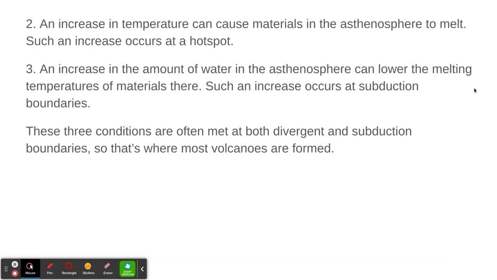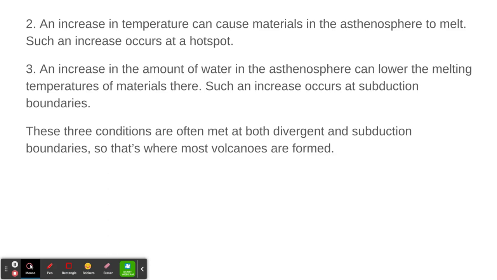Second, increasing the temperature. Well, that'll cause things to melt as well. So, an increase in temperature can cause materials in the asthenosphere to melt. And this can happen at what we call a hotspot. Thirdly, an increase in the amount of water in the asthenosphere can also lower the melting temperature of the materials there.